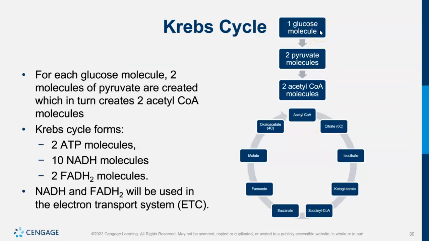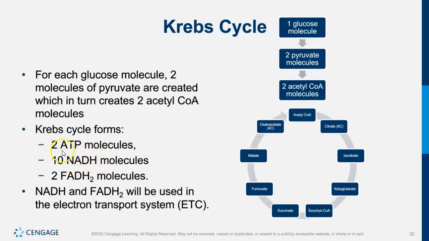And yet another diagram. One glucose molecule through glycolysis yields 2 pyruvate molecules, and as they get transferred into the mitochondria, they lose some carbon and add some CoA, coenzyme A, and so we get these 2 acetyl-CoA molecules, which then enter the TCA cycle and create some ATP, 2 ATP, and some of these hydrogen ion molecules.